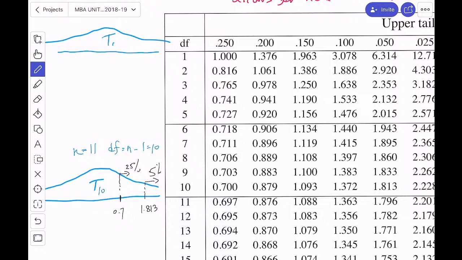Any questions? Let's see. So at 1.813 standard deviations from the mean, where the mean is 0, in the same way, these represent standard deviations from the mean.